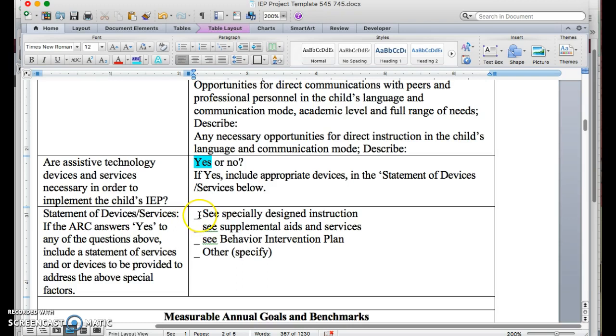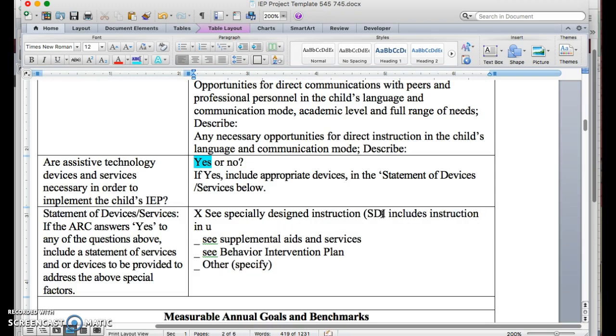So I'm going to say that yes, we're addressing it in specially designed instruction. And within the specially designed instruction, probably for their communication and their writing goals, for this student, I might say that SDI includes instruction in using a dictation app and an organization app.